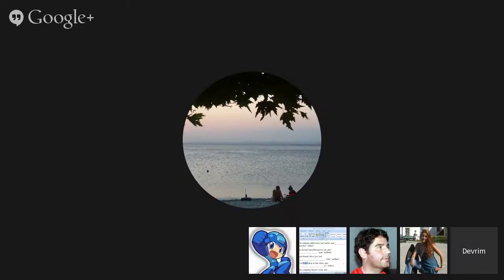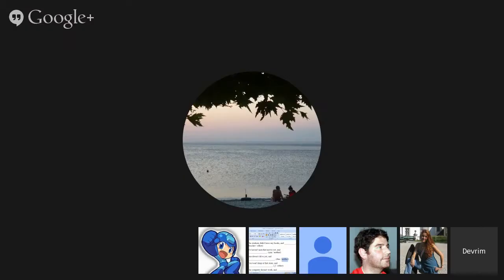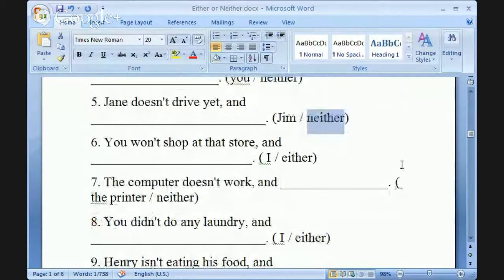The first sentence is negative, but I forget. Well, whatever will help you remember might be different for different people, but the main thing is to remember that neither is like the word not. It's already a negative all by itself.